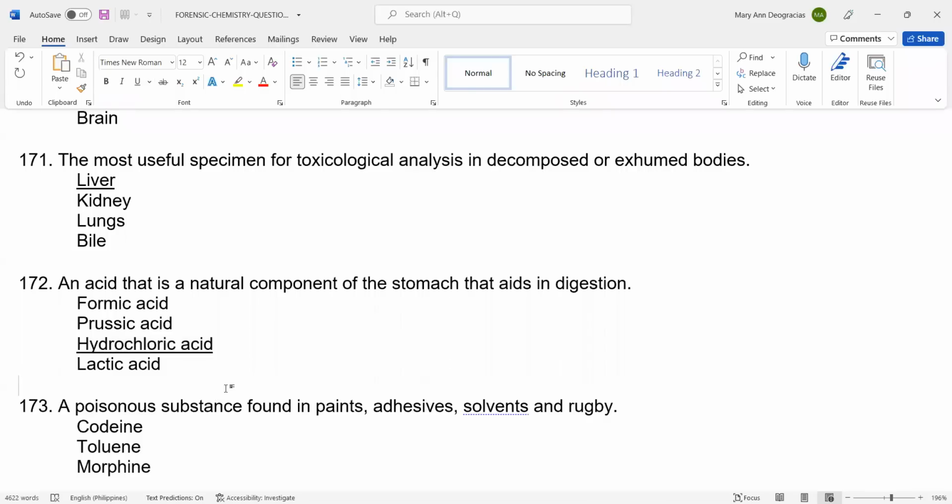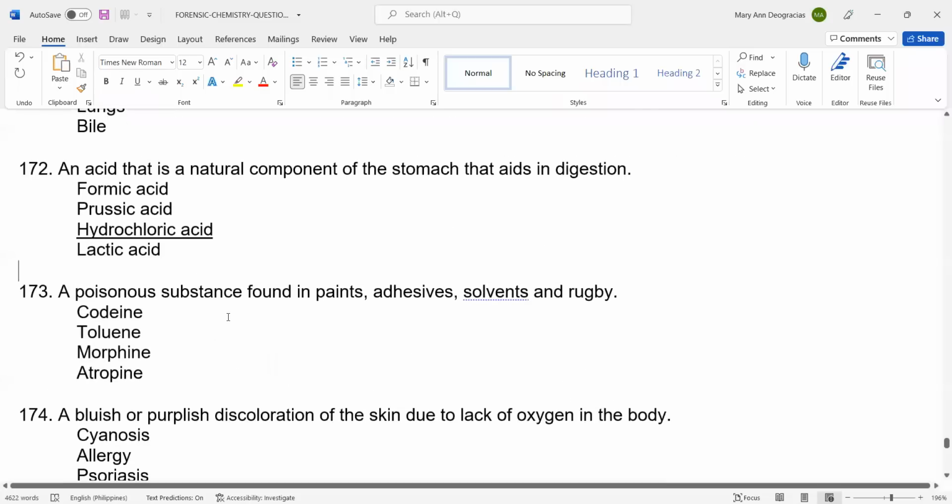Kasi siya yung tumutulong para ma-digest natin yung ating mga kinakain. Okay, next, a poisonous substance found in paints, adhesives, solvents, and rugby. Okay. So it is codeine sa cough syrup yan. Ito, it's toluene. Mabango na organic solvent yan.